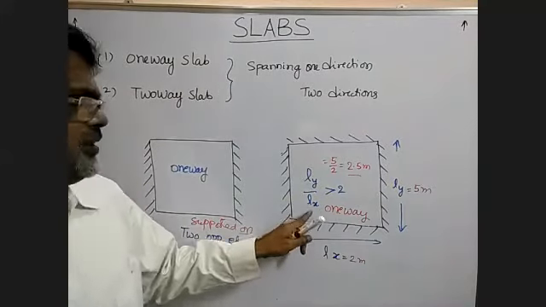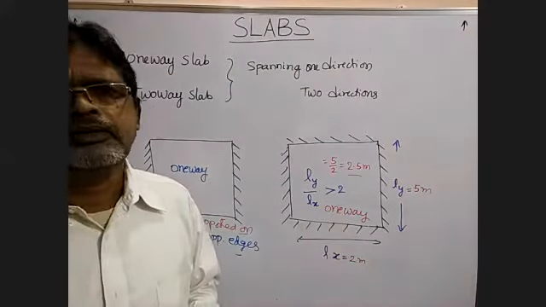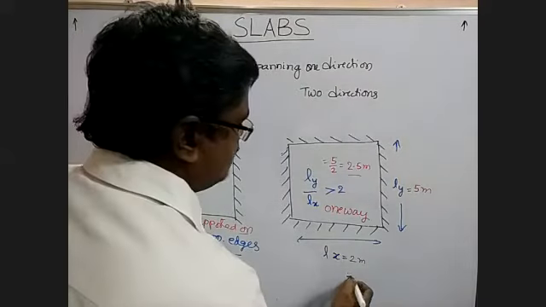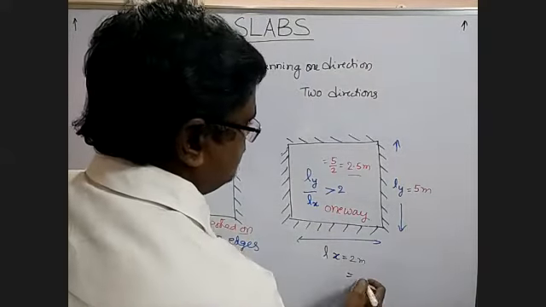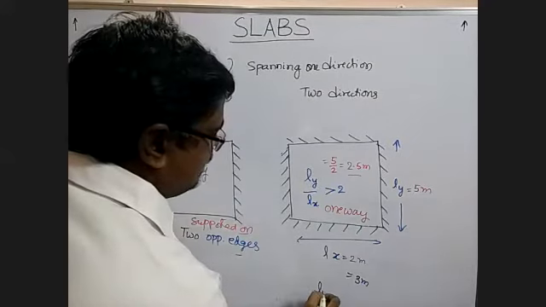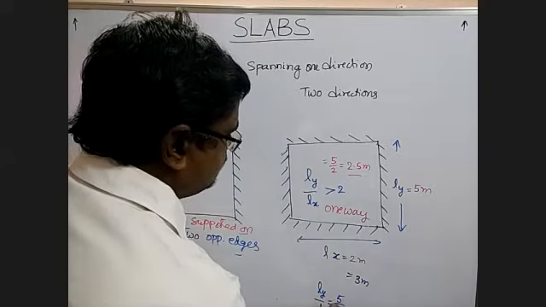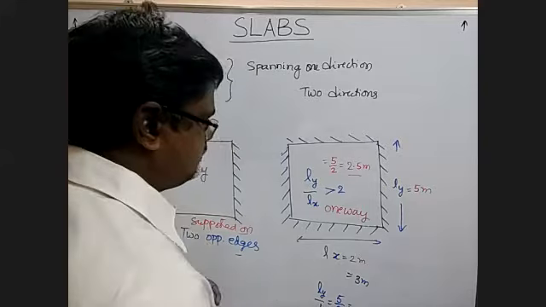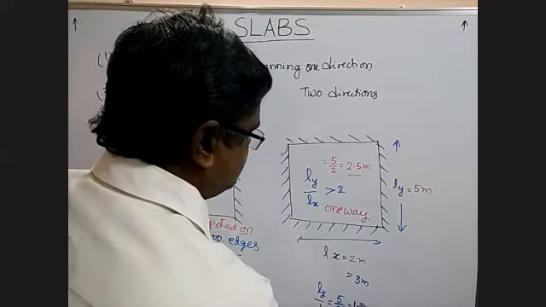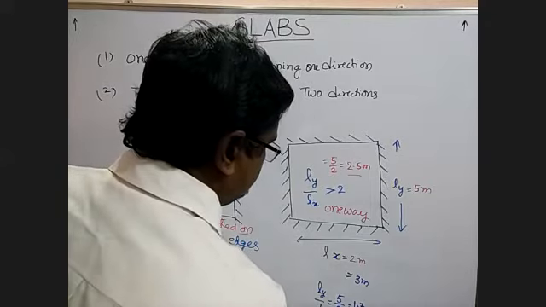So for that, there is a formula: Ly by Lx is greater than 2, we call it as one-way slab. Suppose, let us say this is 3 meters. So Ly by Lx is equal to 5/3. ఎంత అవుతుంది? 1.2 ఉంటుంది, 1.6 something, 1.7. So this is less than 2. Then this is two-way slab.